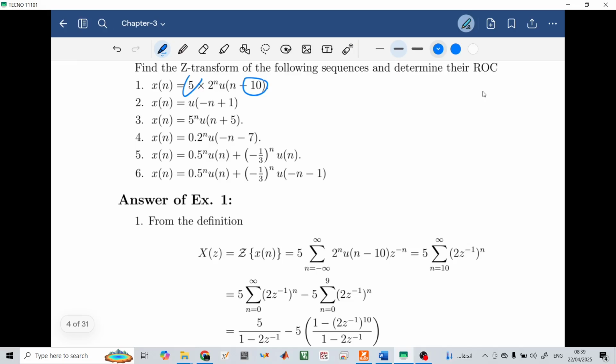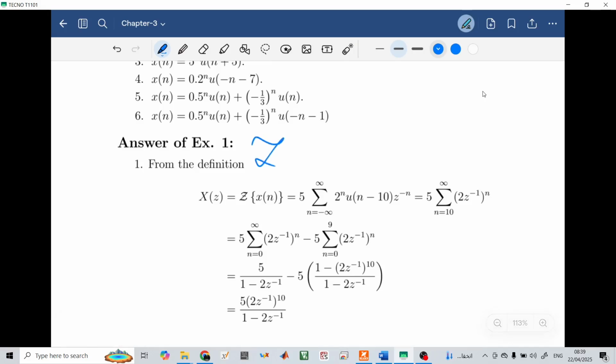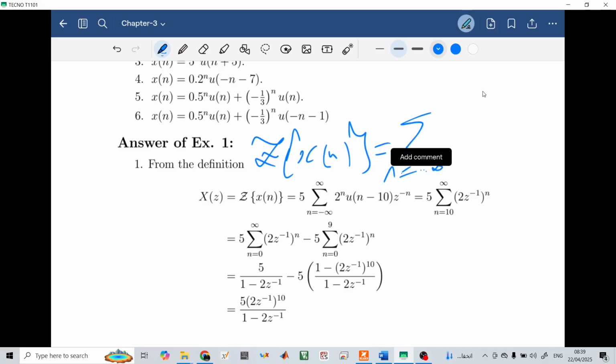of the Z-transform. The definition of the Z-transform is, as we saw earlier, the summation from n equals minus infinity to infinity of x of n times z to the power minus n.